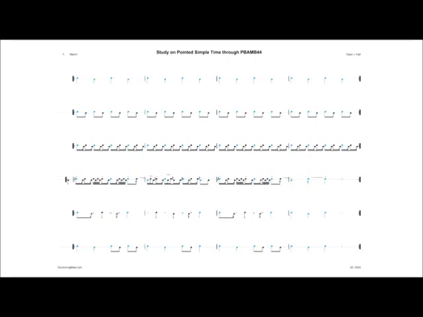Okay, so hopefully you can sort of hear the connection between the metronome groove and the drum score. And that's the aim, all right, is to match that timing with the drum score.